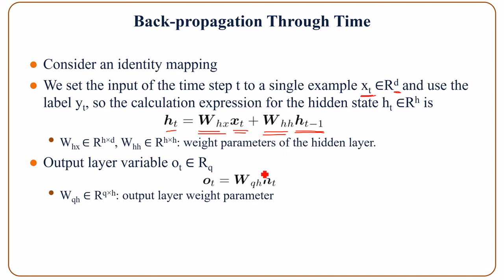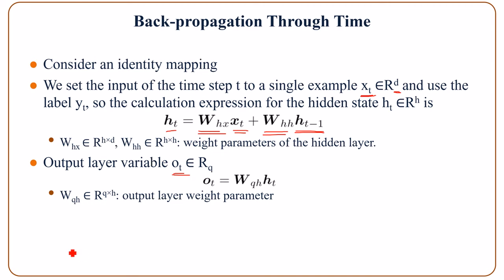The output layer variable o_t at time t is a vector with q elements for q categories, and also we use lowercase to indicate the case of the single example.